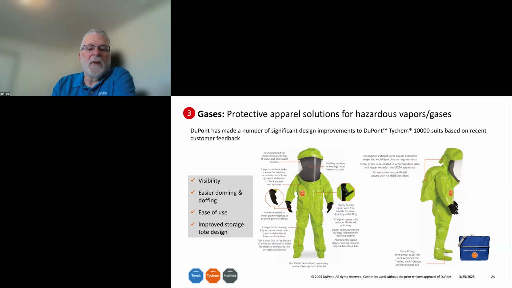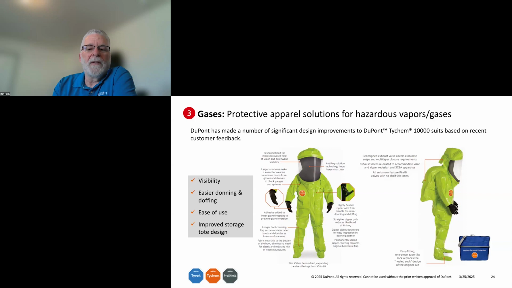We've redesigned the zipper. We've put a new zipper on there that has a large rubber T-handle on it that's much easier to close. We've changed the angle on it a little bit, so it makes it a little easier to zip in and out of. All these things are really making it easier to don and doff and easier to use.